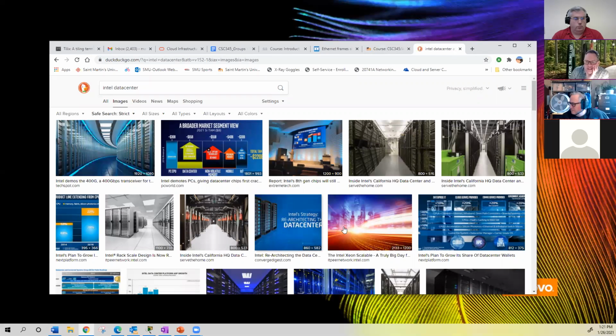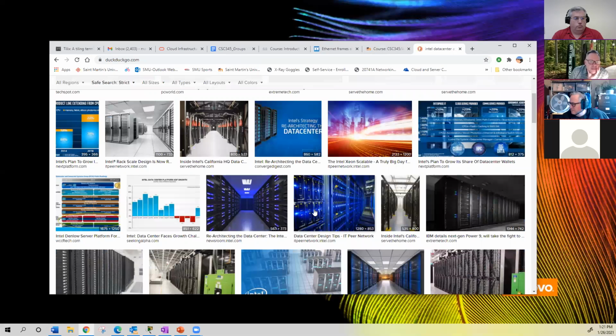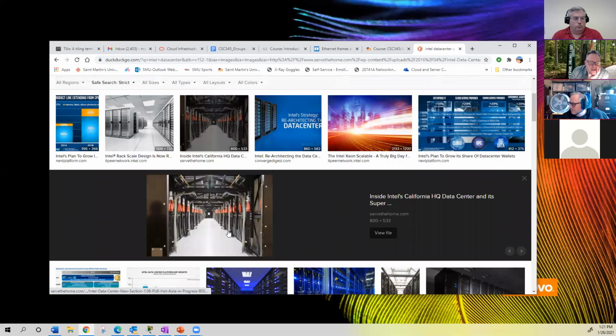So there's lots of different designs for data centers, but we've talked about raised floor data centers. There are other data centers here, for example, which are just on concrete. There's no raised floor. This is a newer design of a data center where instead of having a raised floor and having cold air being blown up through the bottom, the data center is isolated with chimney cabinets or hot aisles.